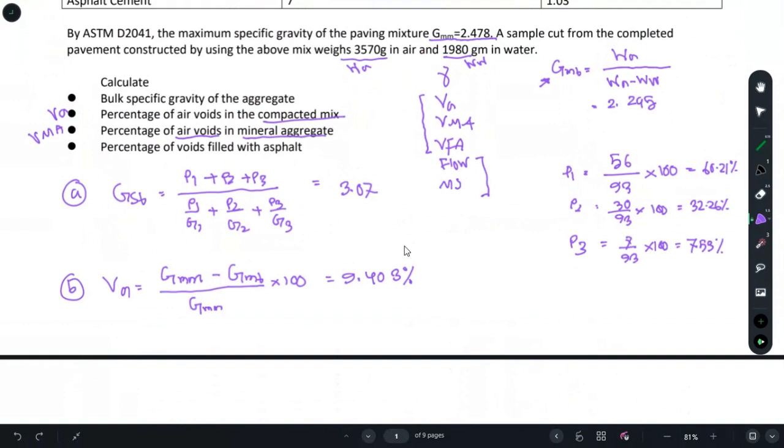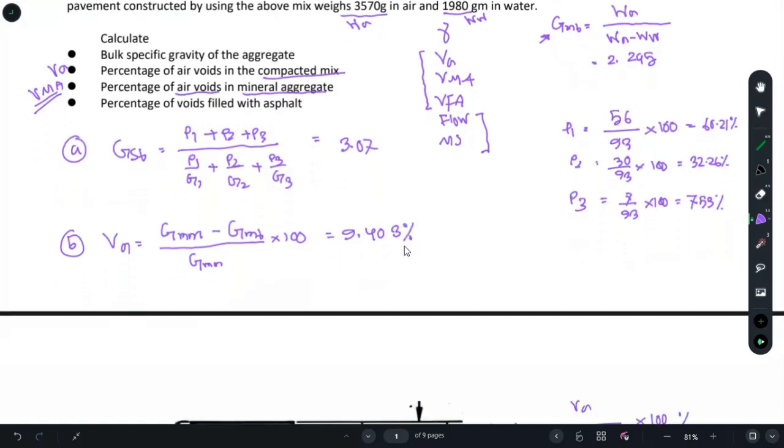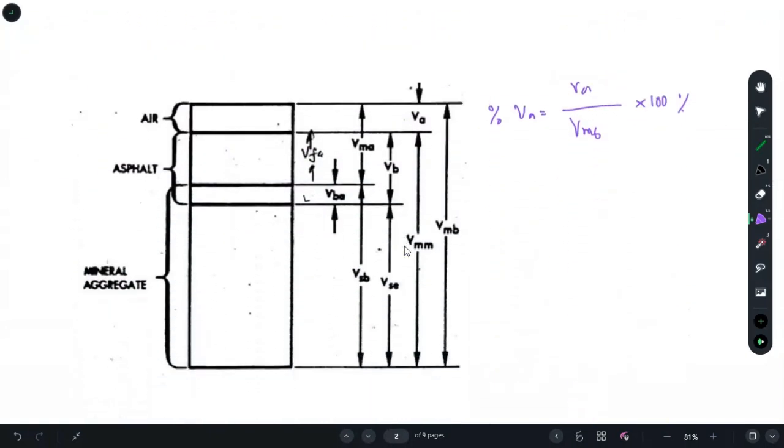Now we'll find out our problem, which is VMA, void in mineral aggregate. So you have a total volume of VMB, and you have some air voids, and you have some voids which are filled by asphalt, and you have other voids that are absorbed by your aggregate.